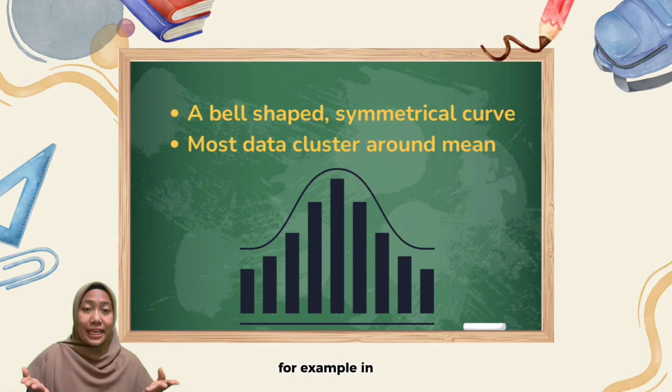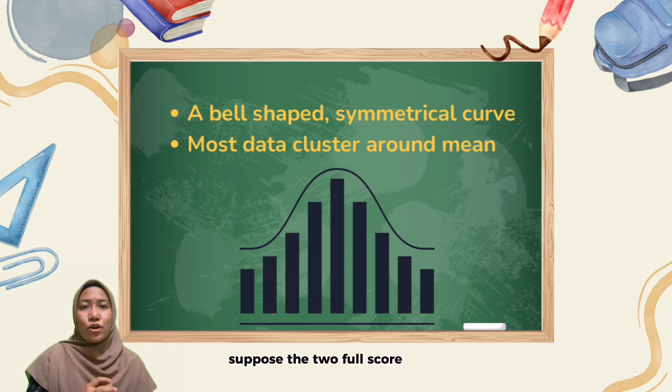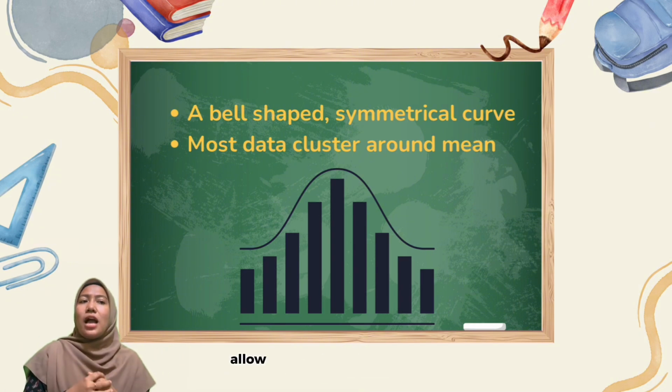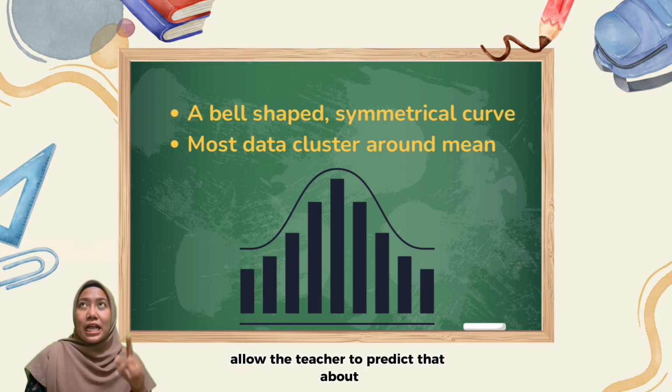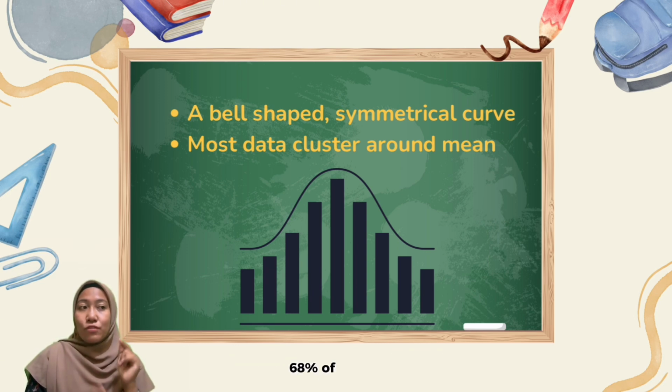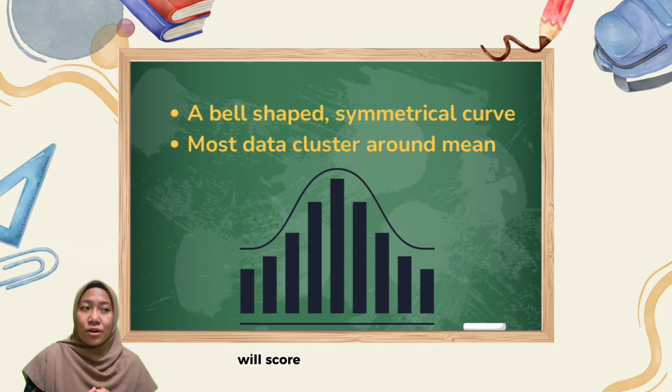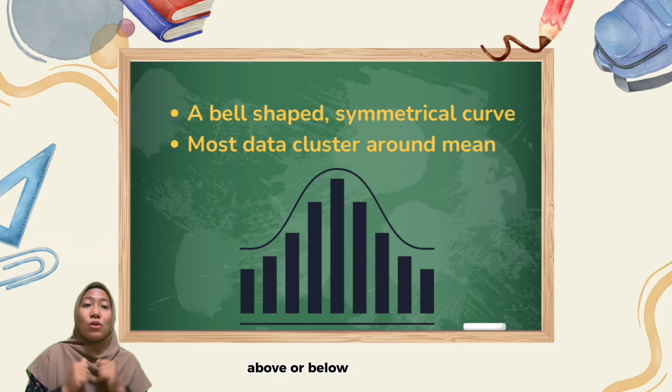For example, in ELT, suppose the TOEFL scores of 100 students are assumed to follow a normal distribution. This assumption allows the teacher to predict that about 68% of students will score within one standard deviation above or below the mean.